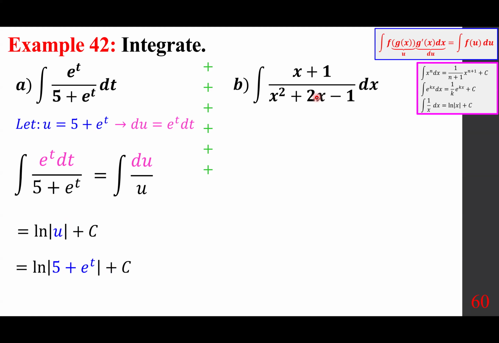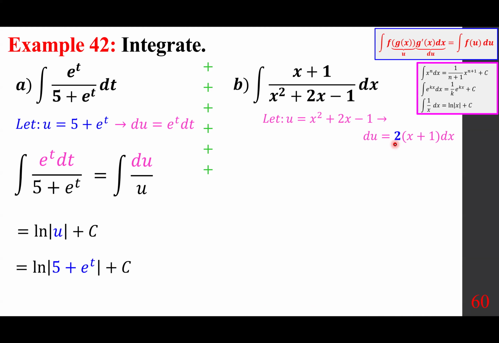What about this one? You want to factor the denominator, it can't be done, so you choose that to be u. Now, if I differentiate, I get 2x plus 2. So du is 2 times x plus 1, or 2x plus 2, times dx. So I factor the 2 out.